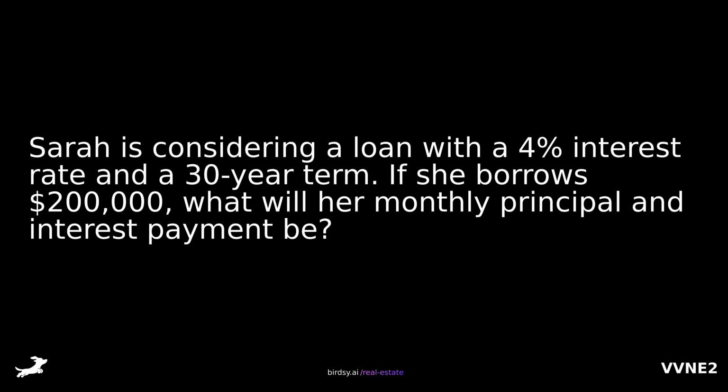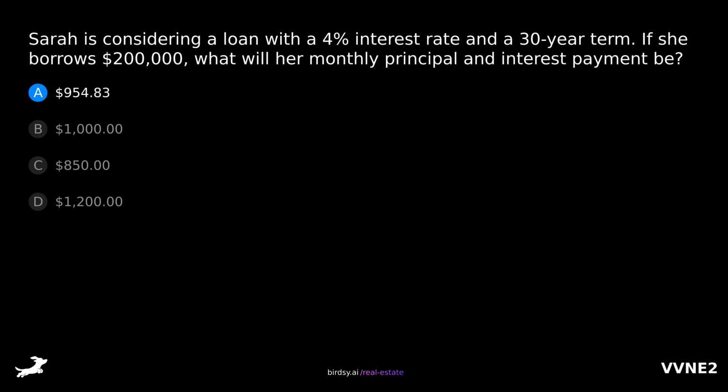Sarah is considering a loan with a 4% interest rate and a 30-year term. If she borrows $200,000, what will her monthly principal and interest payment be? Is it A, $954.83, B, $1,000, C, $850, or D, $1,200?